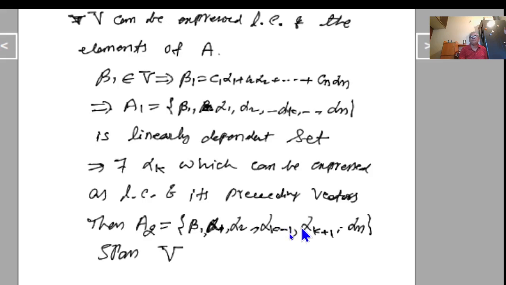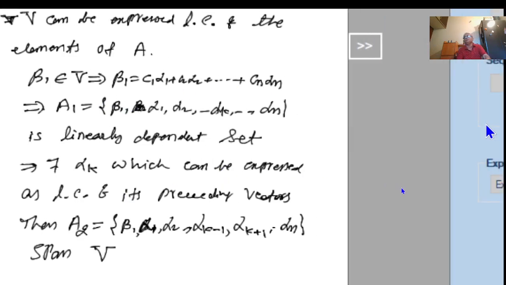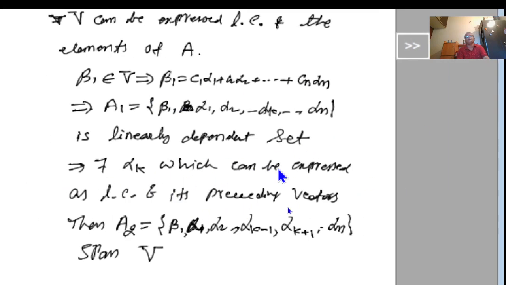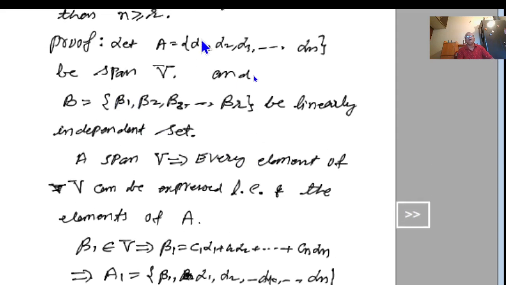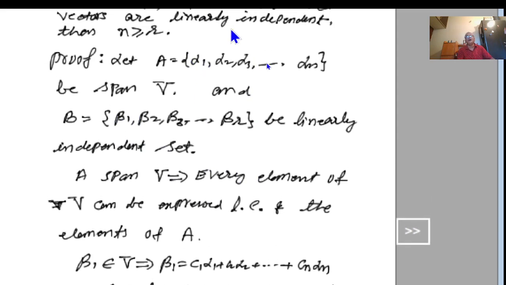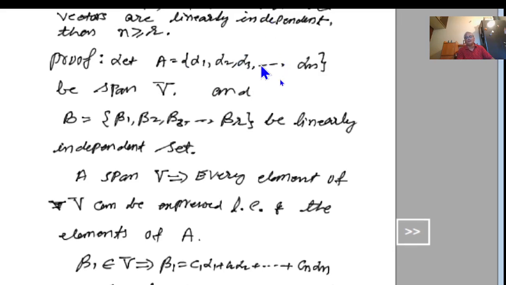Therefore, there is no need of alpha k, so I have removed it. This still spans the vector space V. Now what happened here is I have included one beta from the set B, the independent set, and at the same time removed one vector here. So including one beta, I excluded one alpha. Still it spans the vector space.